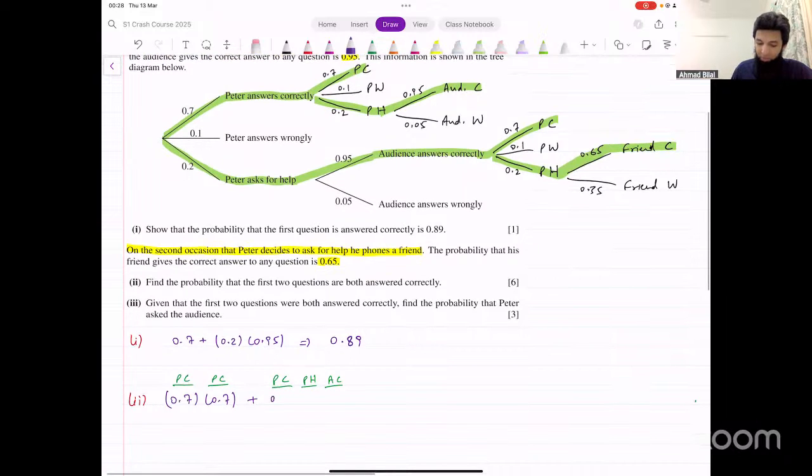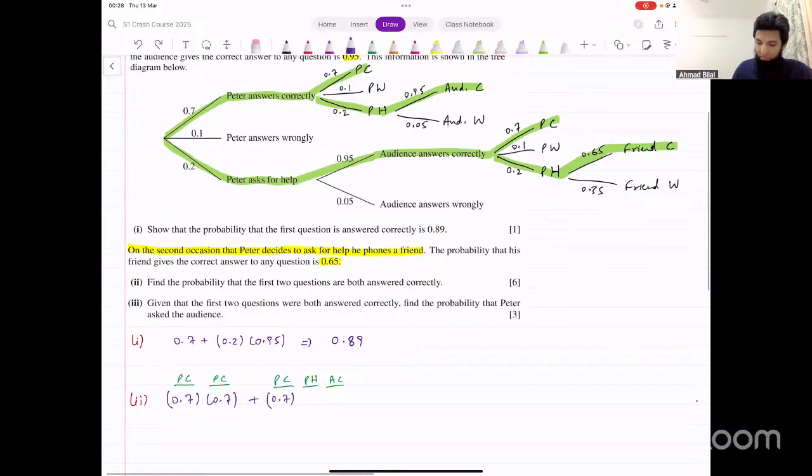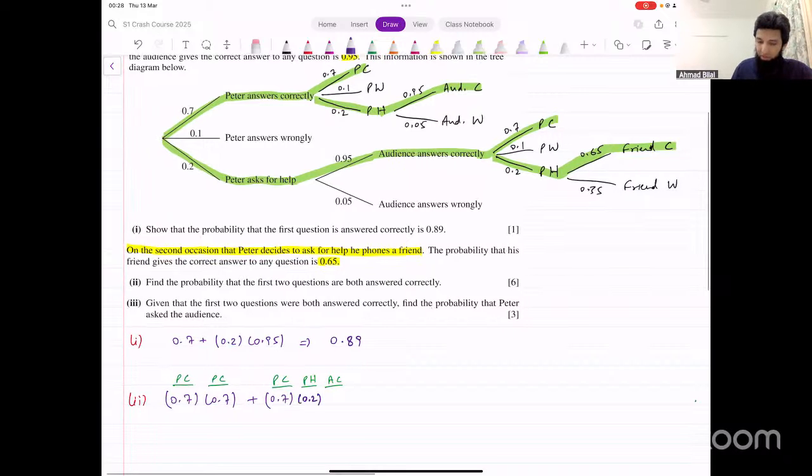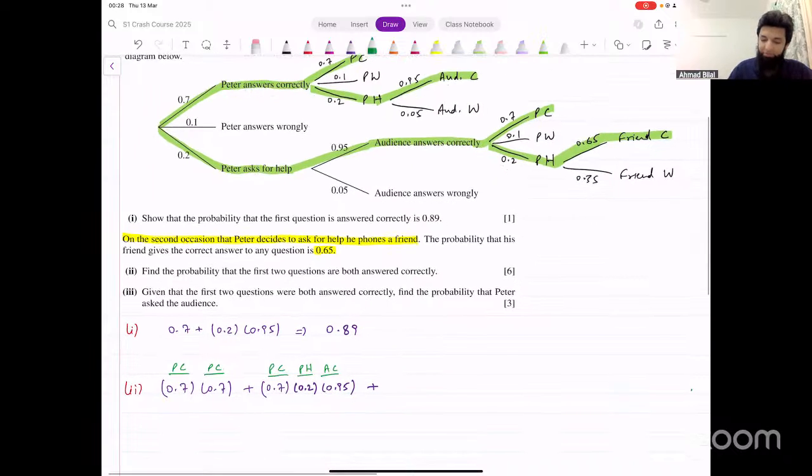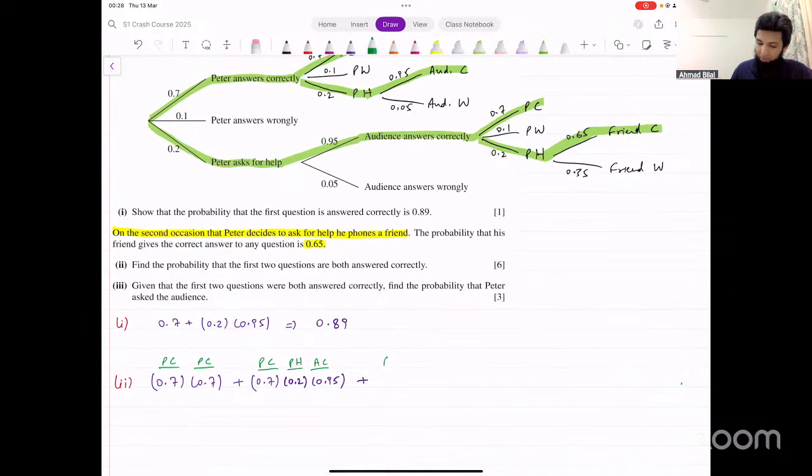So that will be 0.7 into 0.2 into the audience answering correctly, that's 0.95. Or the third case is he asks for help the first time, then the audience answers correctly, and then the second time, he answers correctly himself.